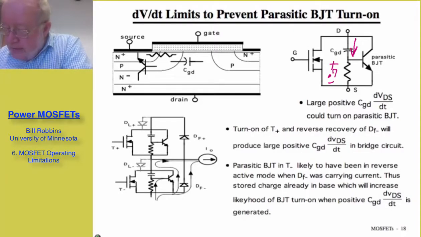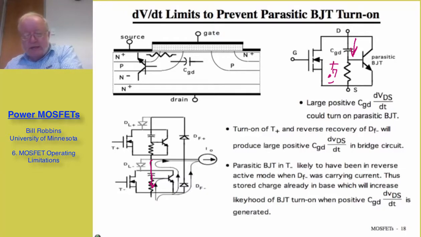I could then have displacement current coming down like this through the body region spreading resistance, and I could turn this device on. And what makes it even more serious is I already have the diode biased with stored charge in the base region, so it is much easier to turn it on than if we had no current flowing at all and no stored charge at the instant I tried to turn on the upper transistor.